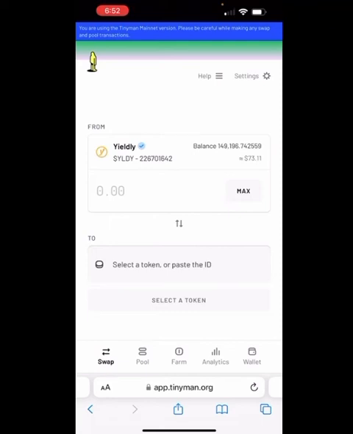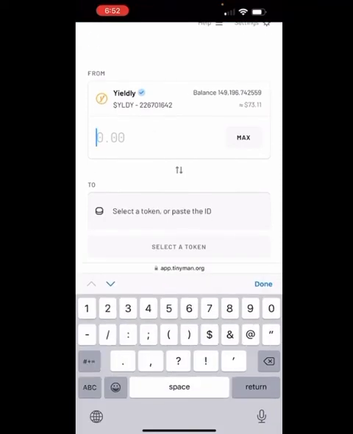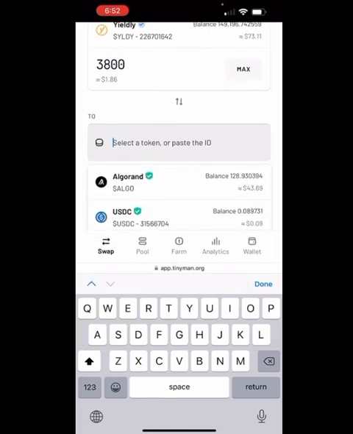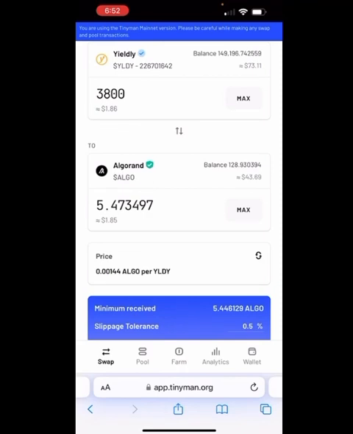So I've got money from sitting on the sidelines from a previous project, so I can guesstimate on average that's about what it is. I'll go over here to Algorand, and it's going to convert that amount into that amount.